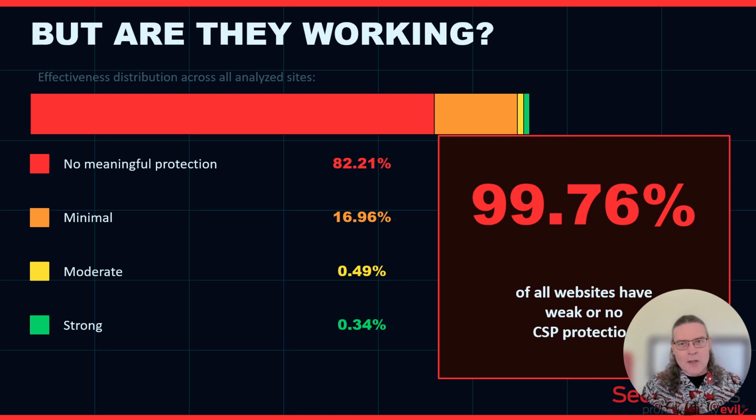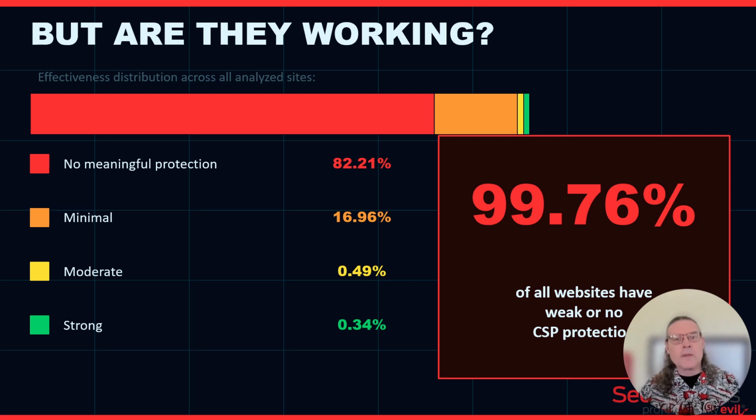So this graph may seem a little bit odd because it doesn't really fit with the previous slide perfectly. But when I say no meaningful protection, what I mean by that is it either doesn't have a content security policy or it has a content security policy that doesn't do anything. Okay. Whereas on the previous slide, I was talking about no policy even stated.